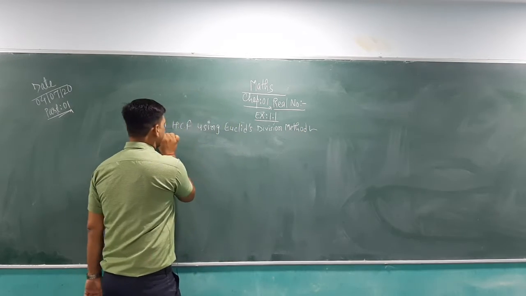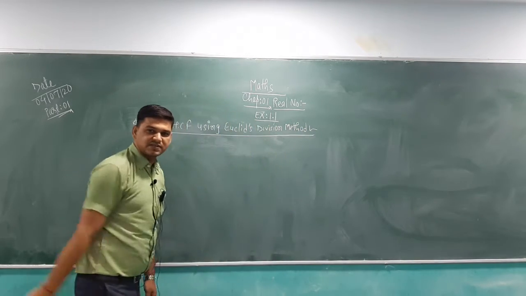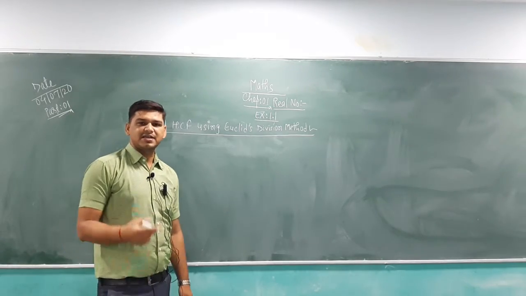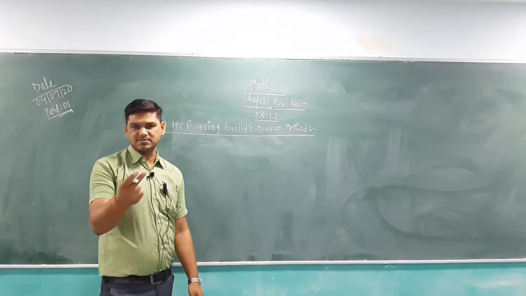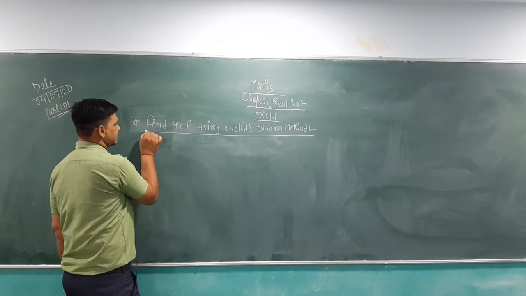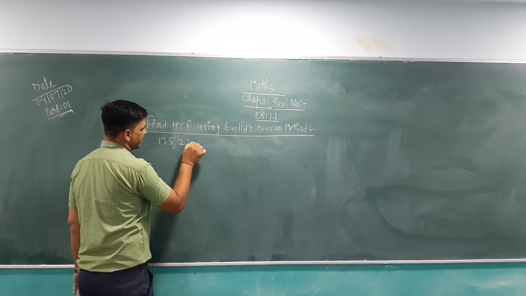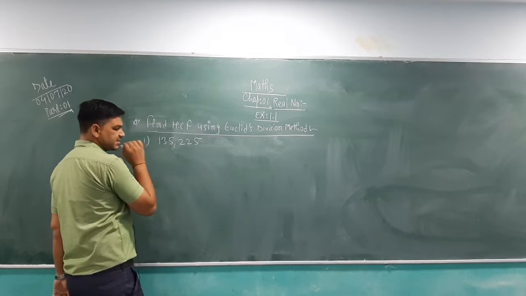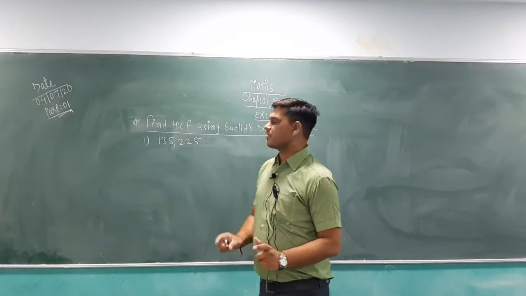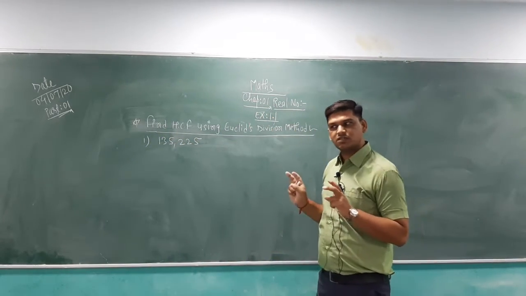If you want to find the HCF using Euclid's division method, we'll take an example: 135 and 225. This is one question, and we have to find the HCF of these two numbers.